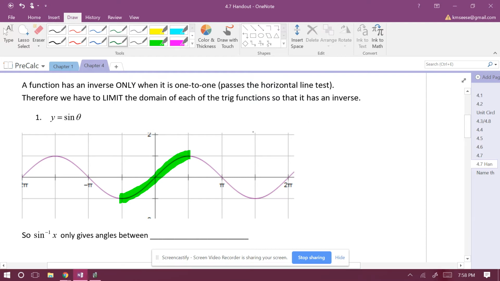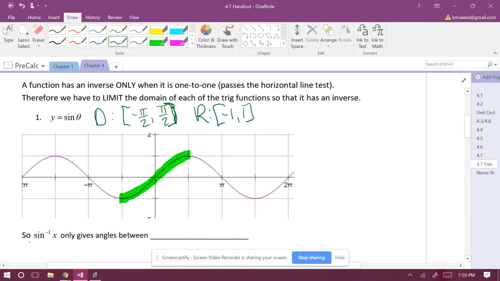So if we're talking about just sine of x, we're going to limit the domain to be negative pi halves to pi halves. The range is negative 1 to 1. That means when we talk about sine inverse, those are going to switch.